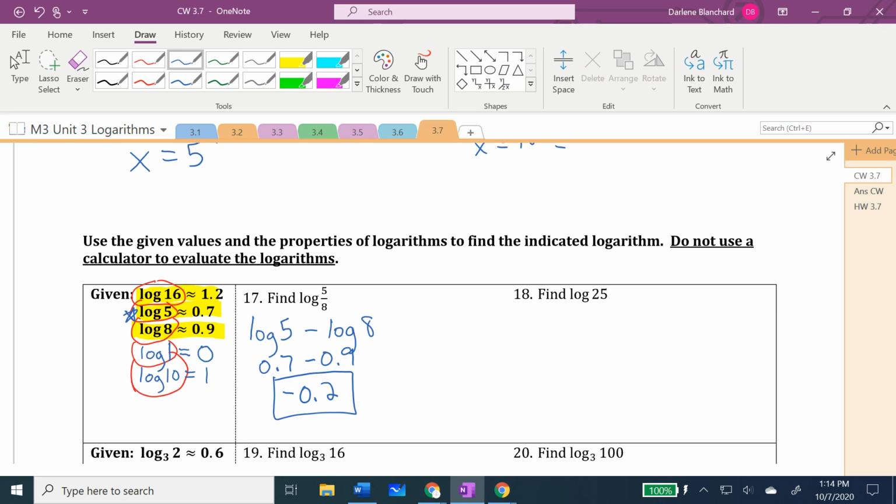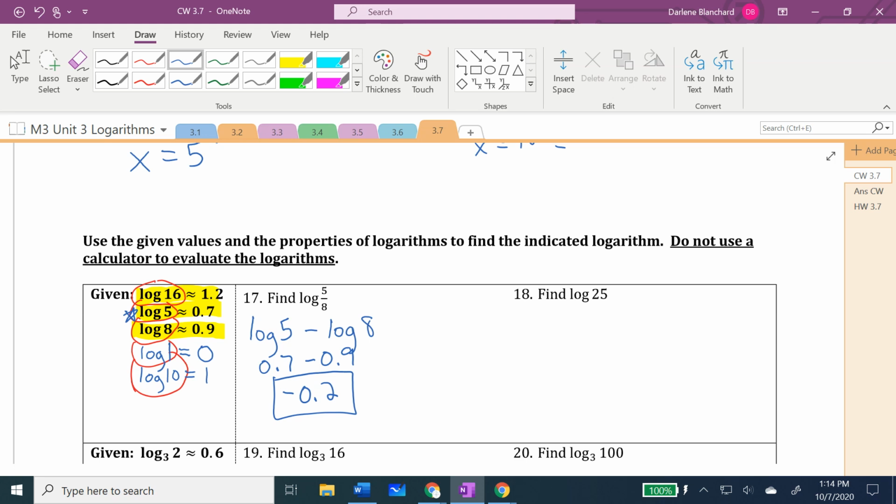Now, the reason I find it silly is because you can actually just pull out your graphing calculator and just find the log of 5/8. But this is something that you could be asked to do on a standardized test to show that you understand log rules and know that you would not have access to a calculator while you were doing these problems.